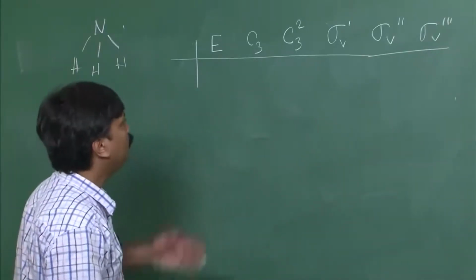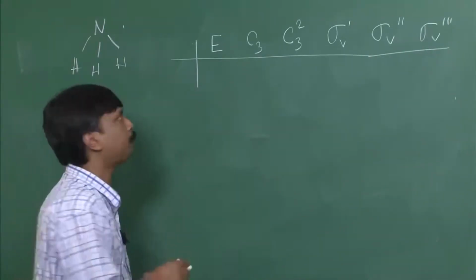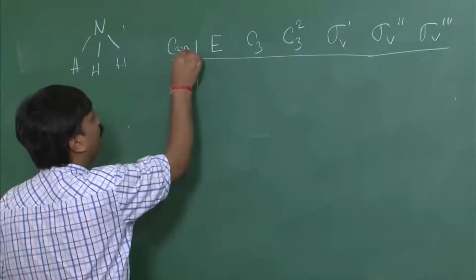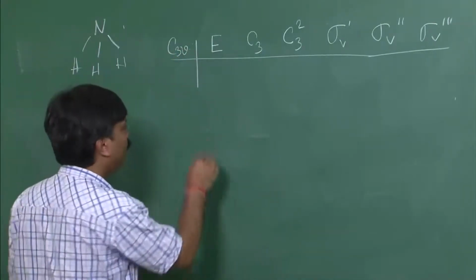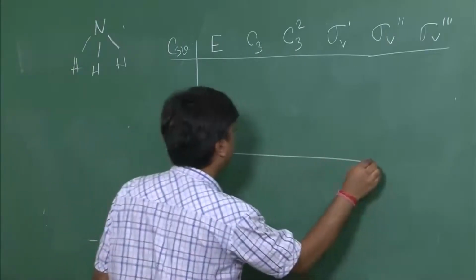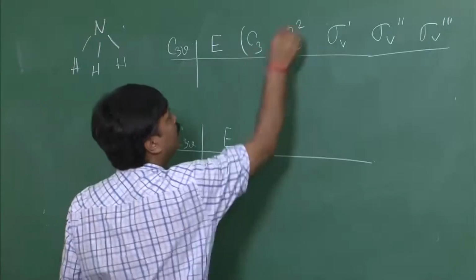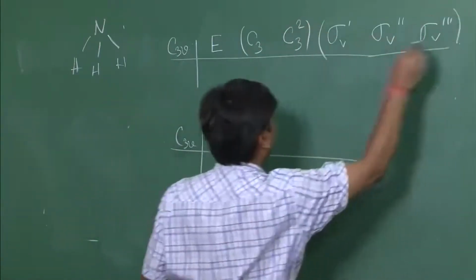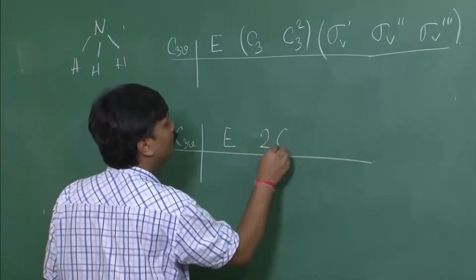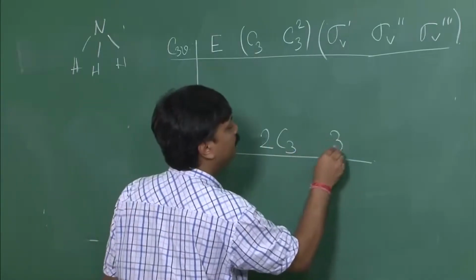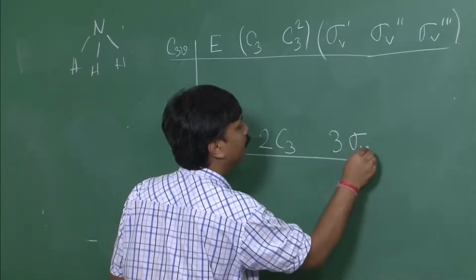Now once I have found out the classes, I rewrite this in a way which is C3v, E, and I club these two because these two form a class and these 3 form a class. So I write 2C3 and 3 sigma v.